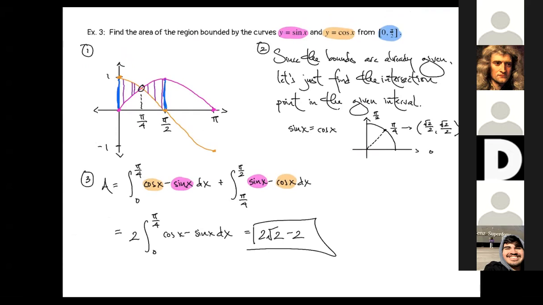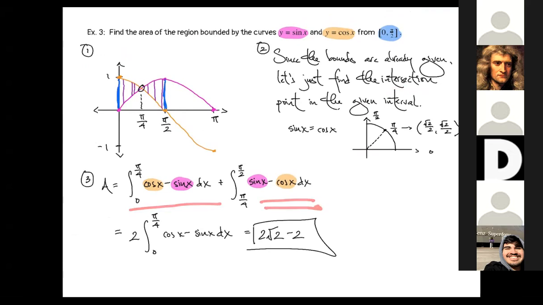All right. Now, I know that example 3 was a little bit different from the other examples. How do we feel about the things that made it different? For example, finding the intersection right here, or splitting this into one integral and a second integral. How come we needed that?